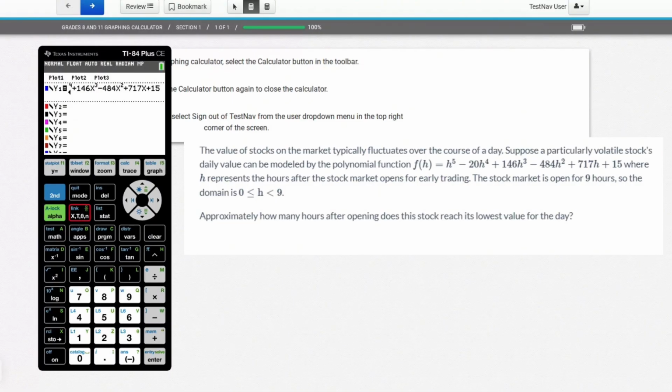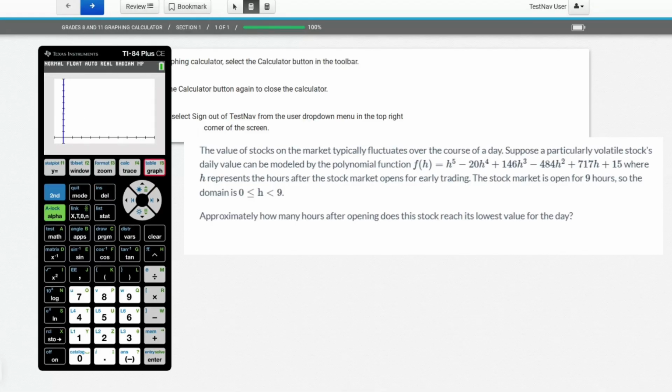Now my domain is between 0 and 9, so why don't I go over here to my window and change my x minimum to -1 so I can see just to the left of it, keep it at 10, and since we're talking about real life stuff, let's change our y minimum to -1 because I really don't need to see a whole lot of stuff underneath the x-axis. Okay? Graph. Okay.